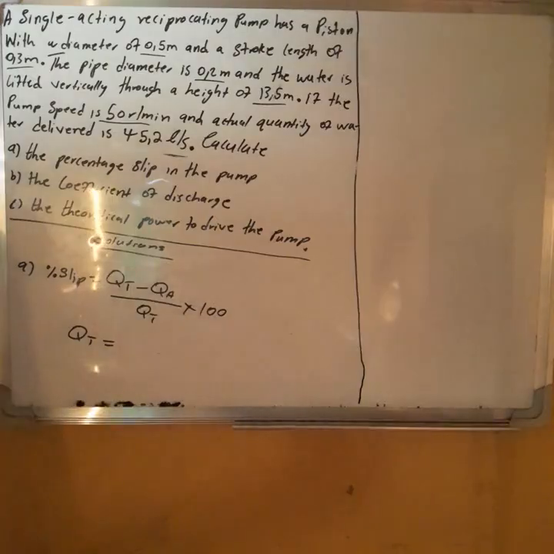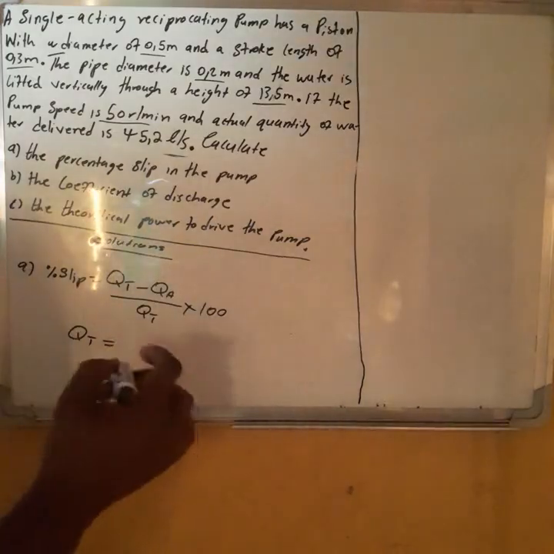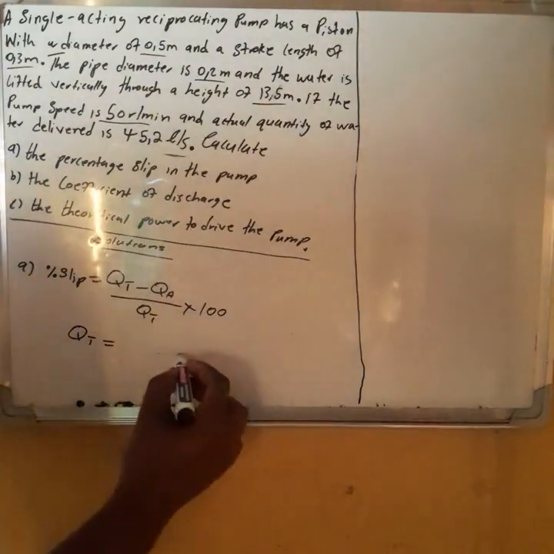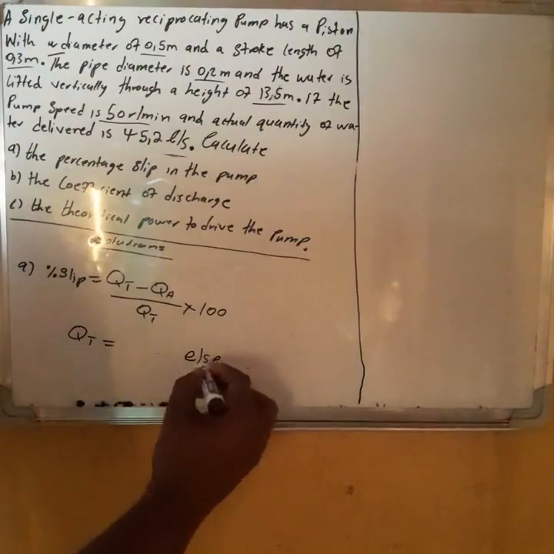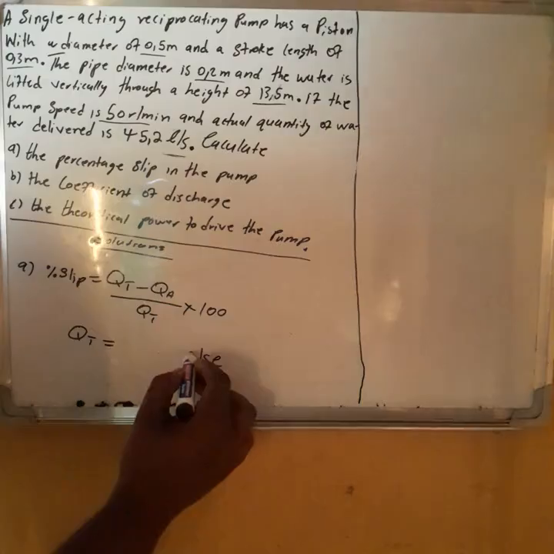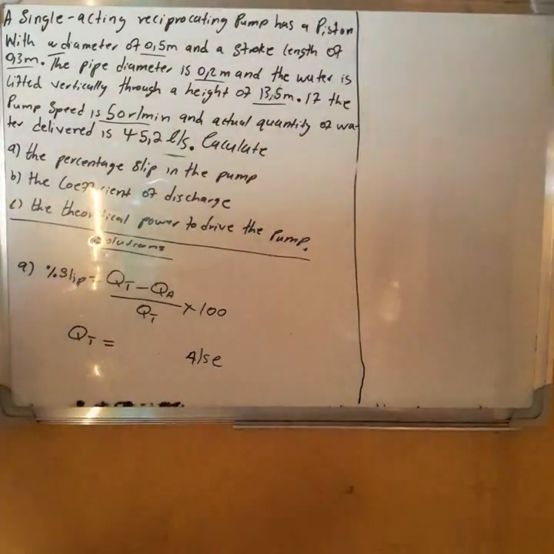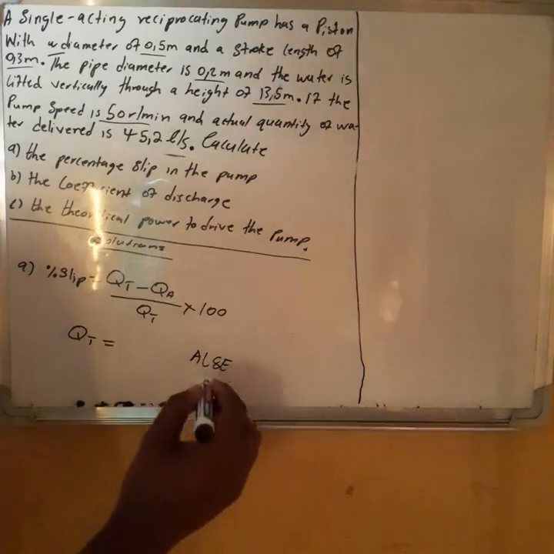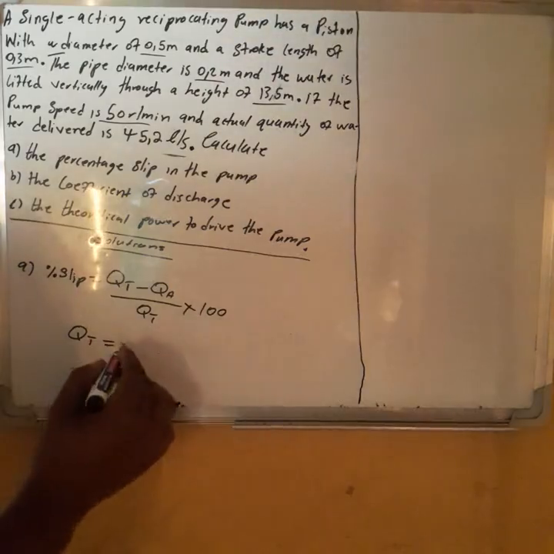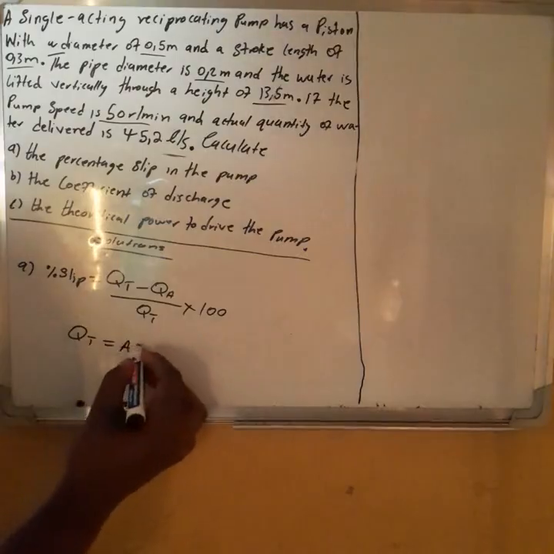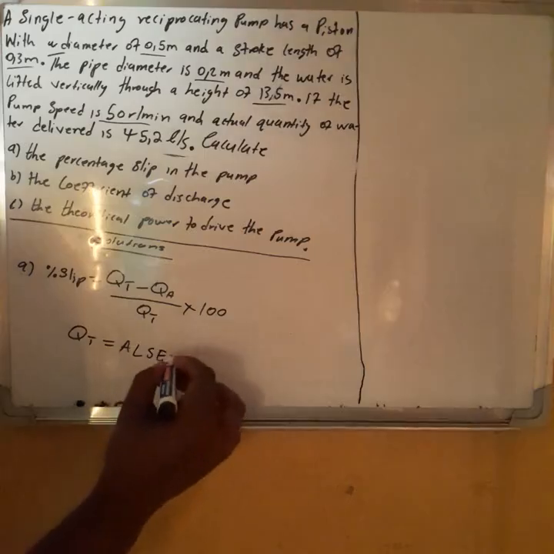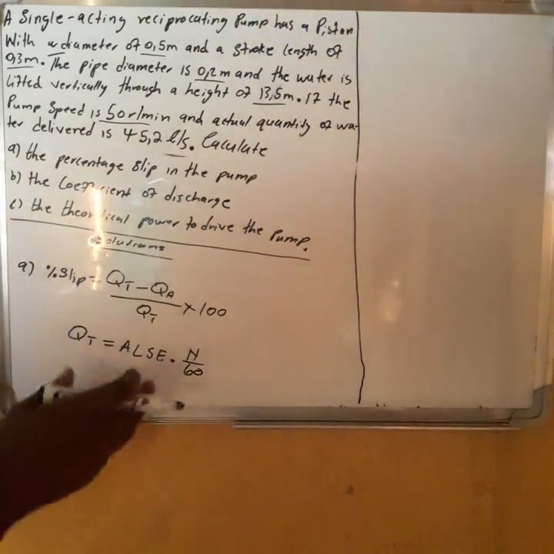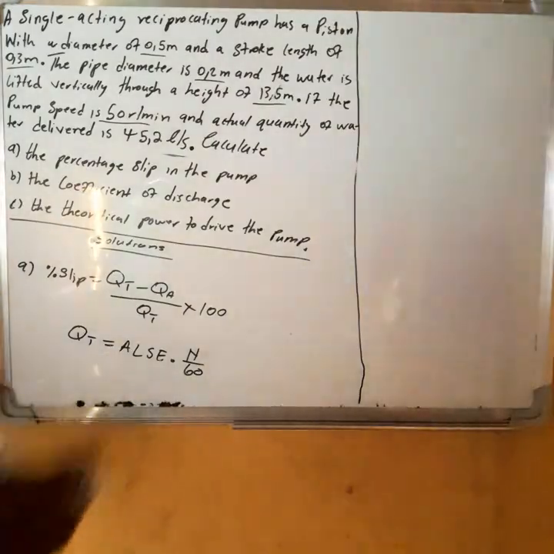In a normal pipe it is area multiplied by velocity, but in pumps it is different. So QT is equal to A multiplied by L, the stroke length, multiplied by N over 60. This is the formula we'll use.